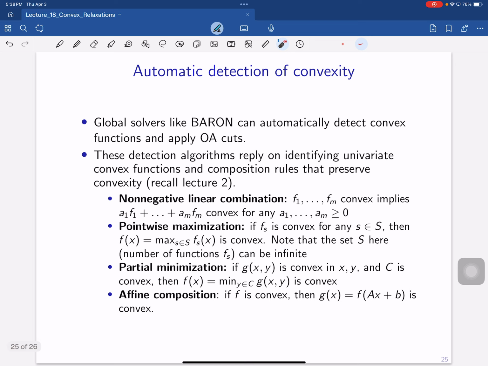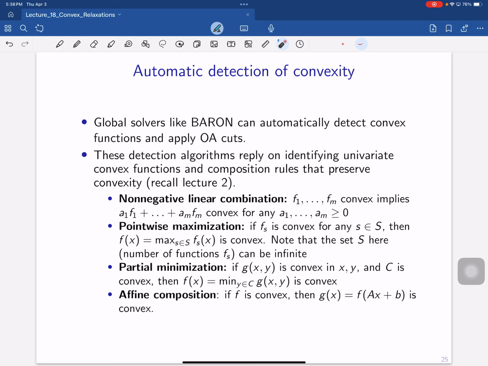Now, if you are implementing a global solver, one of the challenges here is how do you identify which function is convex, which function is non-convex? If you recognize a function is convex, then you could just do outer approximation. You don't need to factor that function anymore.